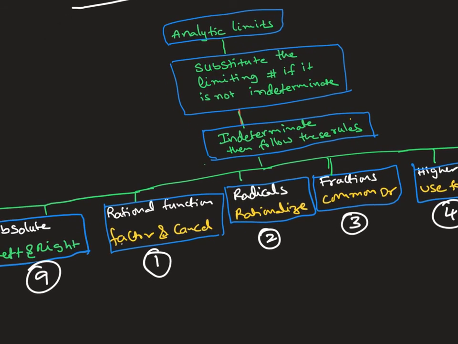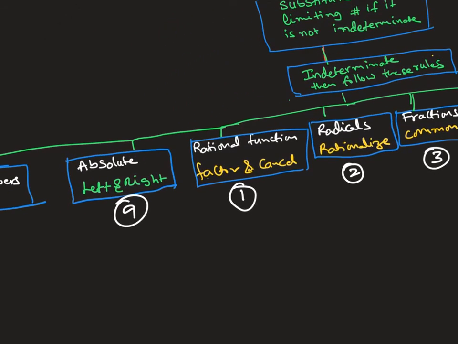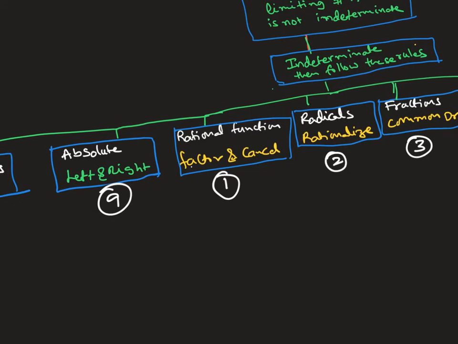If it's indeterminate, then you have to follow one of these things. For example, if it's a rational function, then factor and cancel. It says factor and cancel. We will see each one of them in today's lesson.